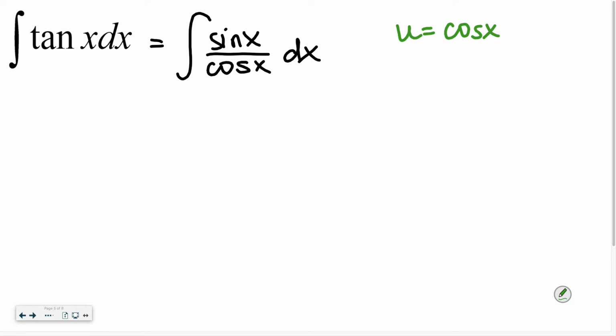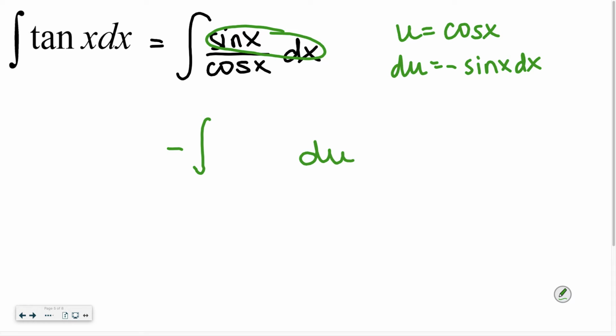So u is cosine of x, which makes du... Yes. Let's talk about that. So we have sine of x dx, which means we can replace it with negative du, and this becomes 1 over u.